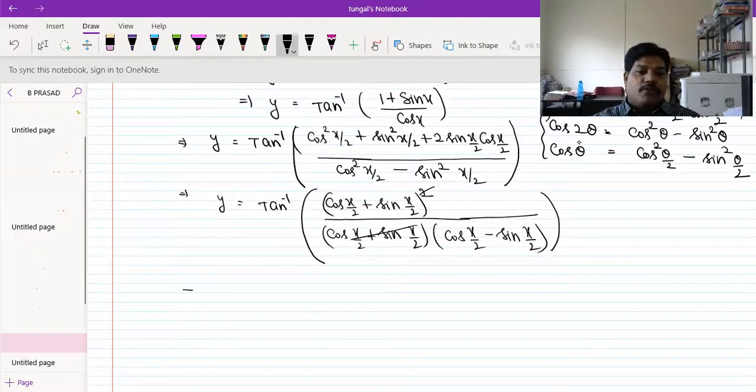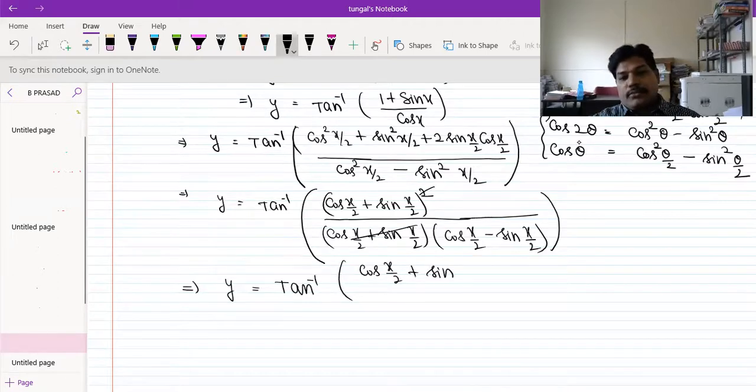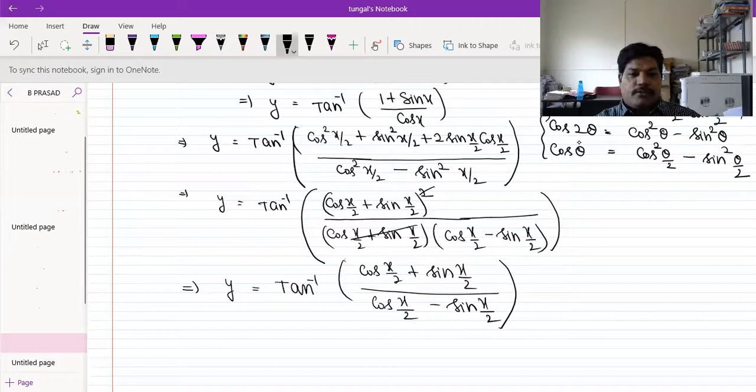So what we will get, students? y is equal to tan inverse of (cos x by 2 plus sin x by 2) by (cos x by 2 minus sin x by 2). All understood this one?